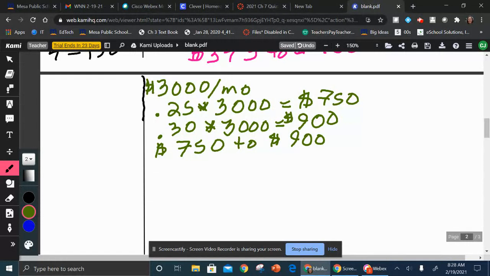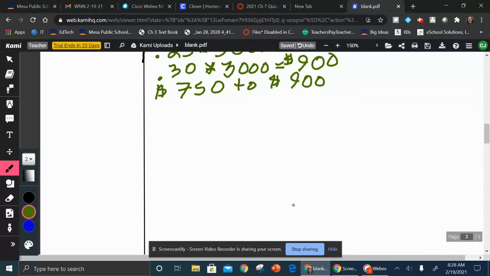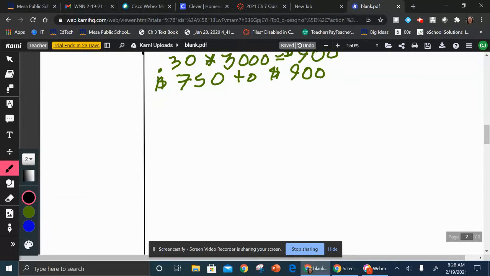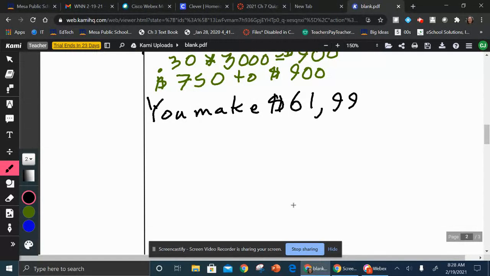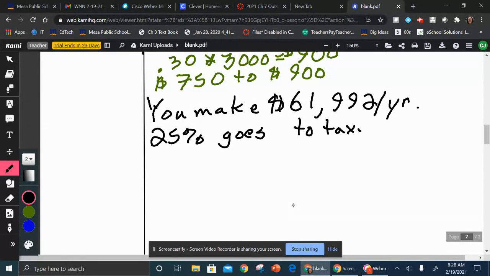Okay, so let's look at this too, everybody. How much do you pay in rent and taxes? Let's say that you make $61,992 a year. 25% goes to taxes, and 25% to rent.